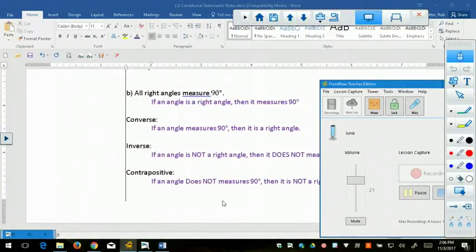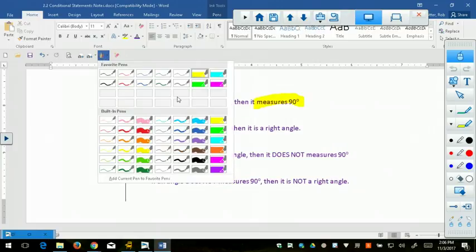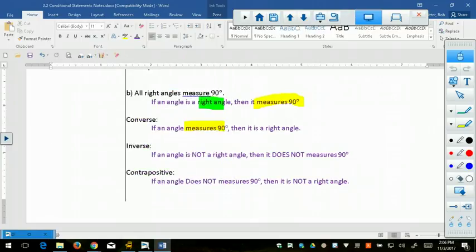All right, so here we have our answers. If an angle is a right angle, then it measures 90 degrees. That was the conditional statement. The converse switches the hypothesis and conclusion. So if an angle measures 90 degrees, then it is a right angle. So there you can see the switch.